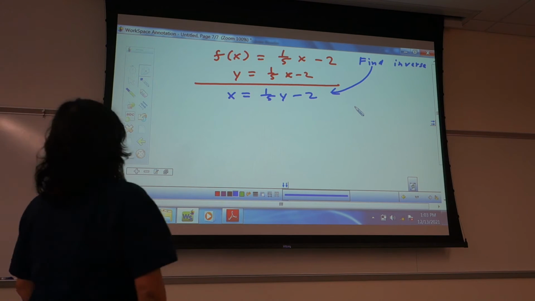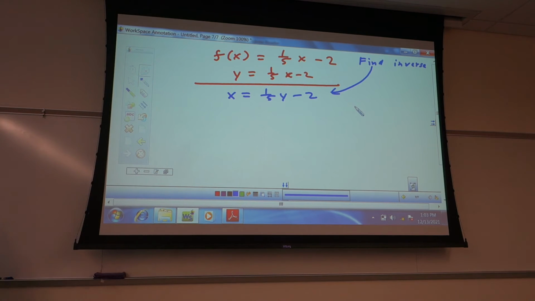Okay, so let's take a look at this one. Find the inverse. So I need to solve for y, right? So I need y by itself. So what happens to y first? First it's multiplied by 1/5, and then we subtract 2, everybody on board? So when you undo it, you've got to undo it in the opposite order. You've got to get rid of the -2 first, and then get rid of the multiply by 1/5.